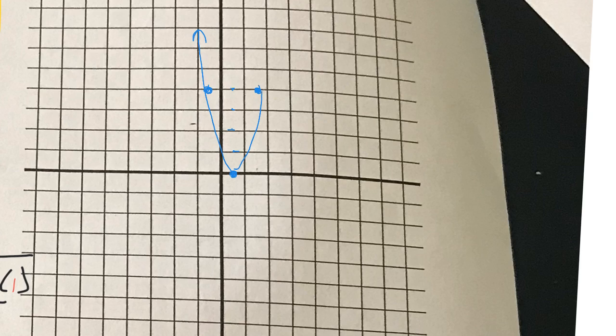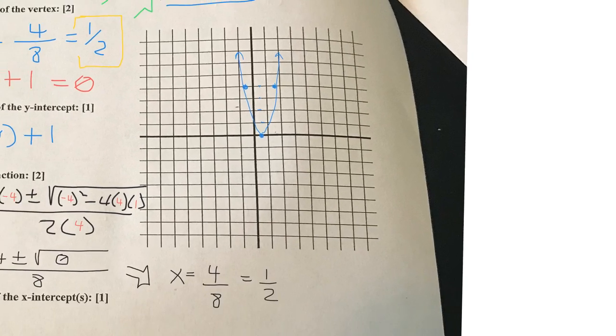Now once again, I'd like to highlight the fact that this vertex is resting on the x-axis, which is why there is only one x-intercept. It's right here. The x-intercept is the vertex. This is the only place where this parabola crosses the x-axis, is right here. So that's that.